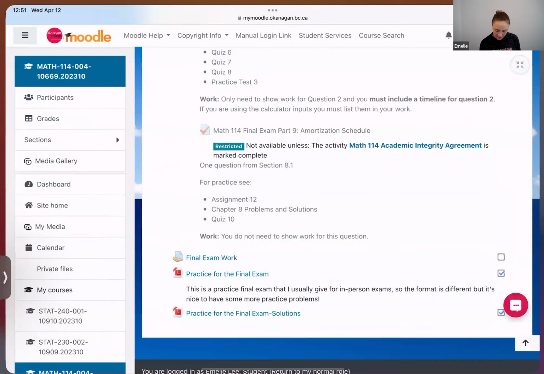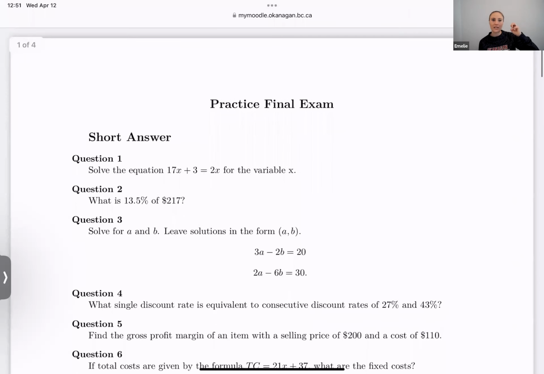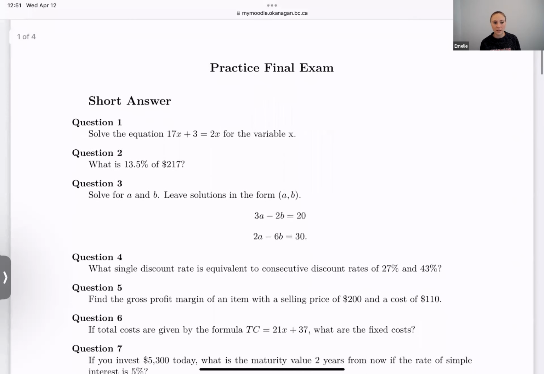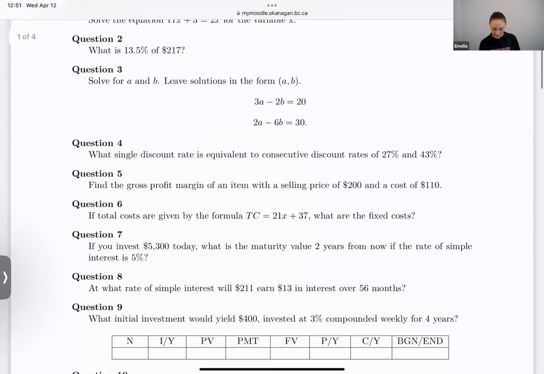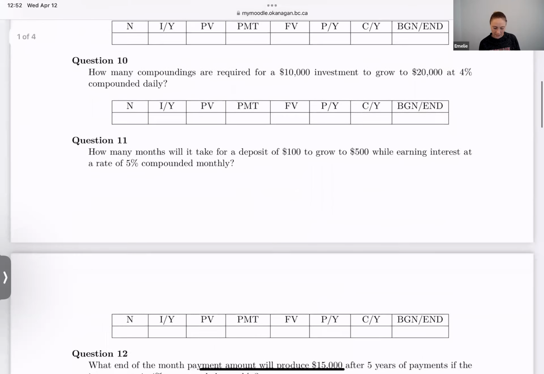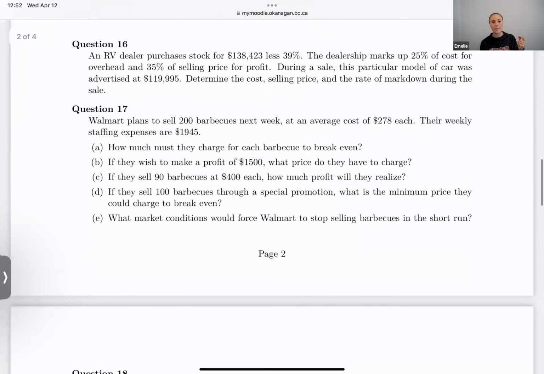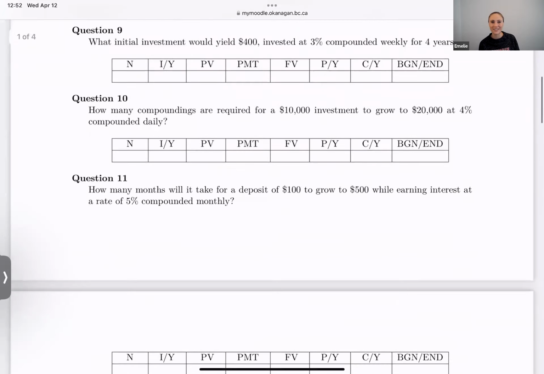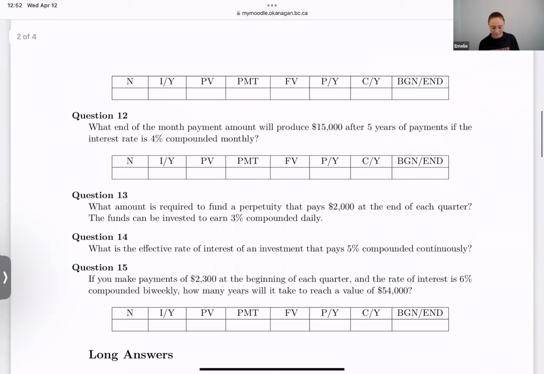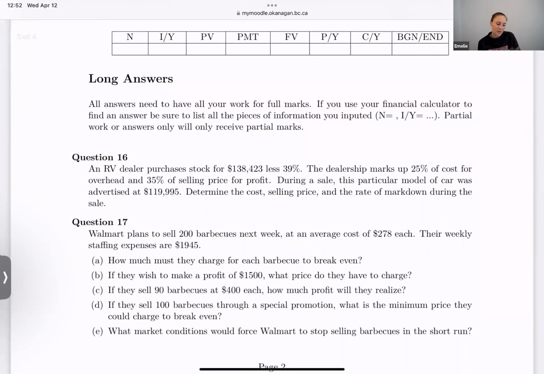I did post the practice for the final. It's all condensed, so there's no room to write things, but it's nice for some practice. Obviously there are more short answer questions here than you'll have, but I wanted to keep it as short as possible if you're printing it out, because sometimes that's nice.